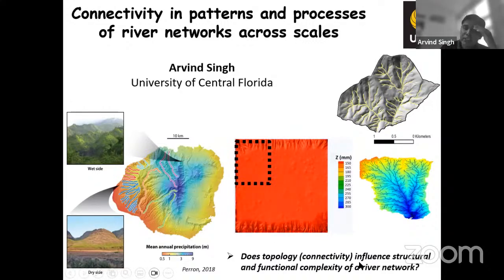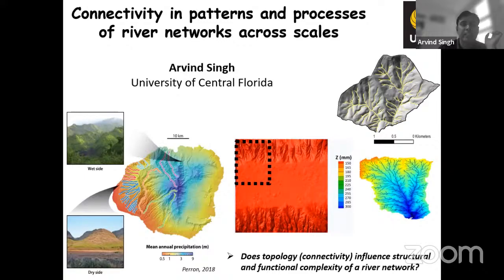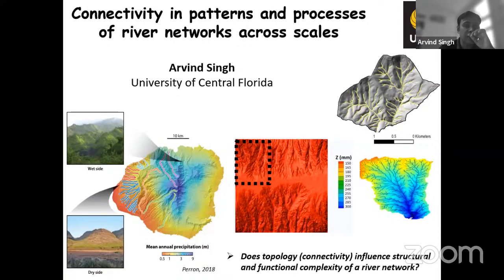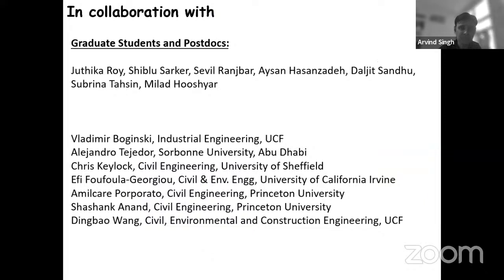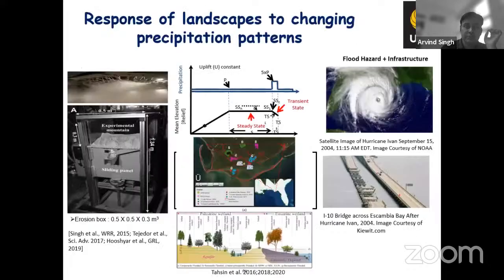The specific question: does topology or connectivity influence structural and functional complexity of a river network? This work has been done in collaboration with graduate students and postdocs here at UCF, as well as some collaborators within and outside UCF.